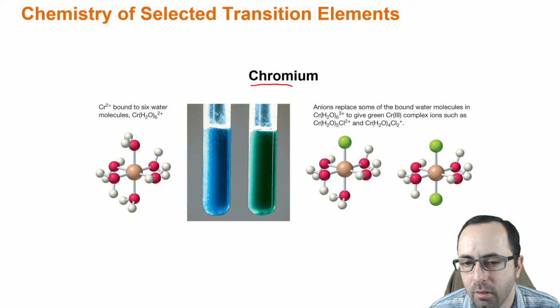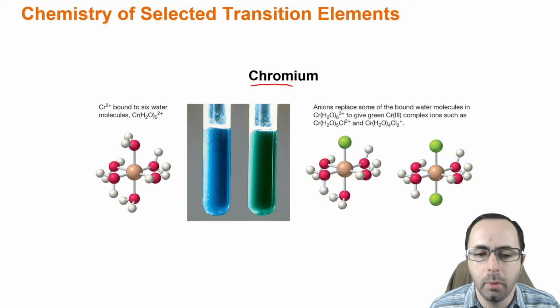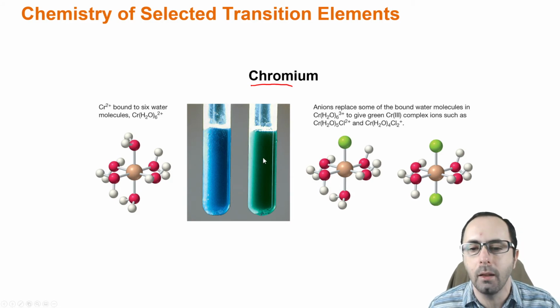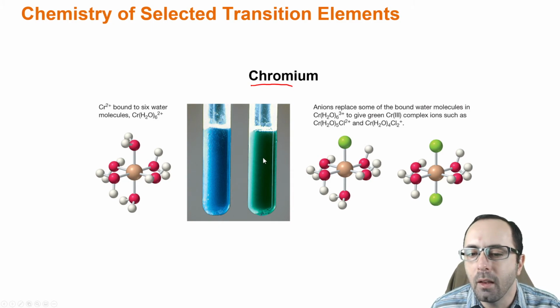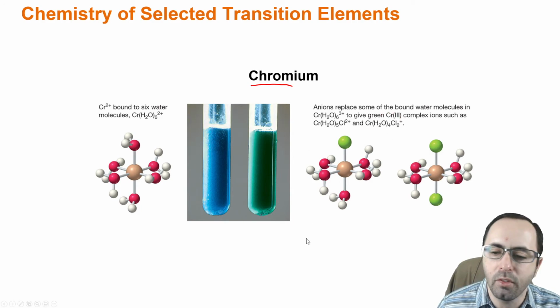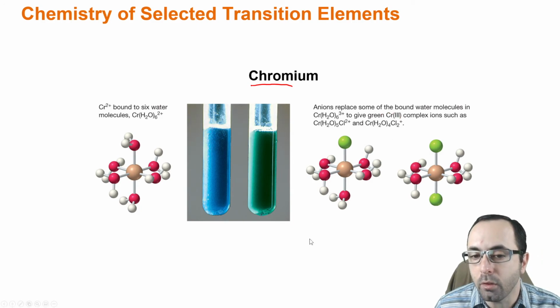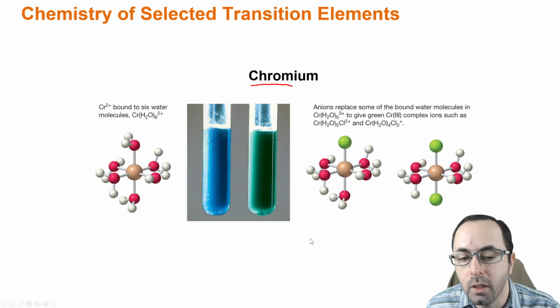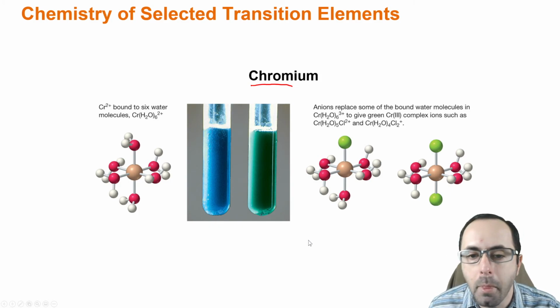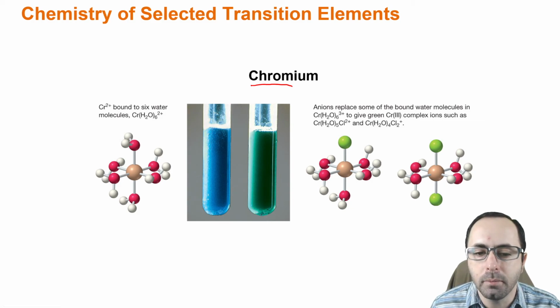If you go to the paint store, like the art store, it'll be like chromium blue or chromium green. And this is because the differing chromium compounds with differing charges on the chromium ion will result in different colors. And those chromium compounds are what give color to the paints that you buy or the paints on, you know, a work of art. And so this is very important to color chemistry.